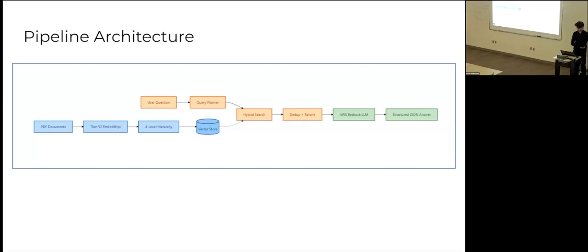I'll discuss that a little more in a second. We have the exact same setup otherwise: the 4-level hierarchy, query planning, then deduplication and re-ranking. The key thing is that everything upstream of the LLM is identical across all experiments: same embedding, same retrieval, same re-ranker. So hopefully all the differences are purely about the generator model.